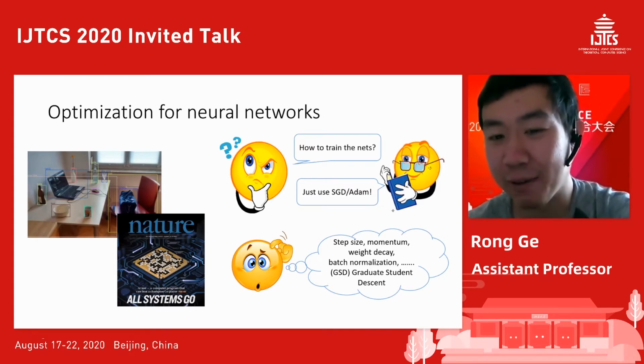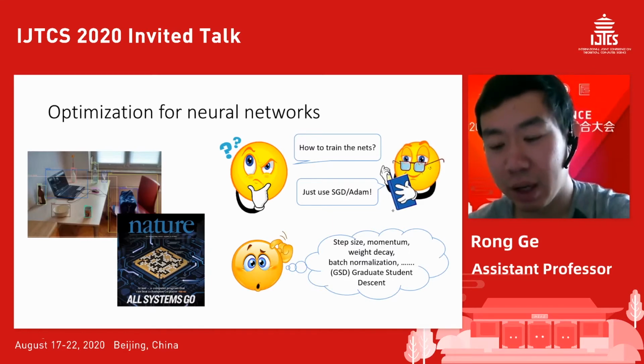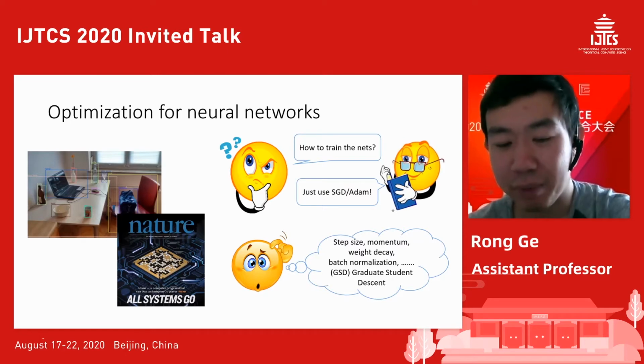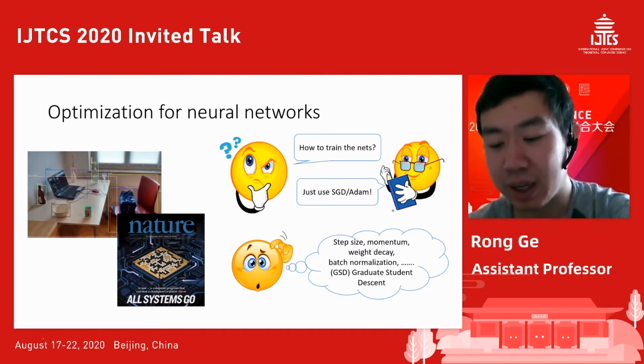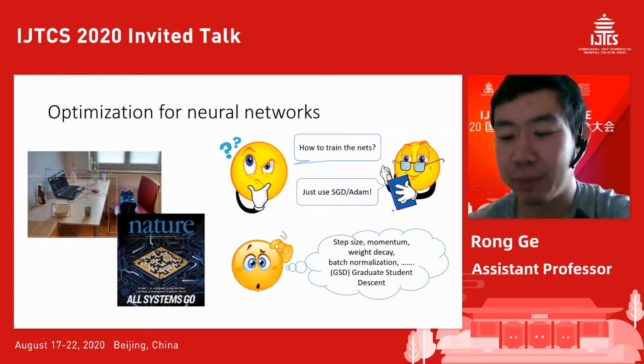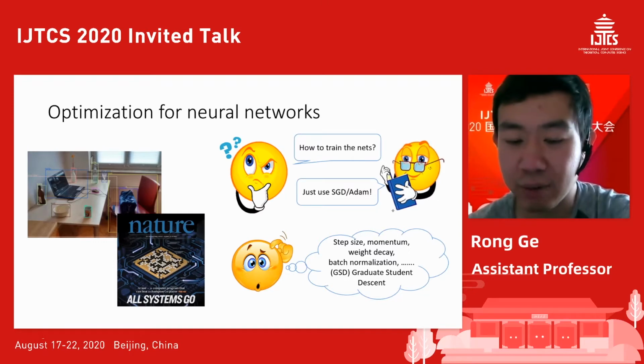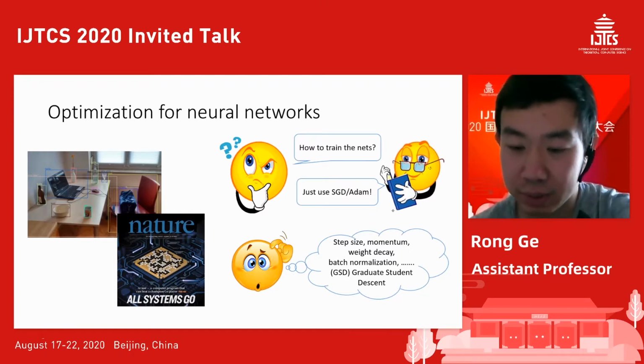You might want to have a better way of selecting these parameters, or maybe you are even more ambitious. Instead of just selecting parameters for existing algorithms, you want to automatically discover new tricks that will improve the convergence of your training process.